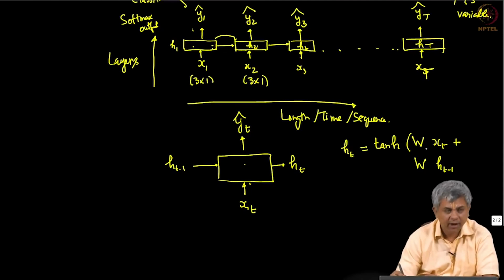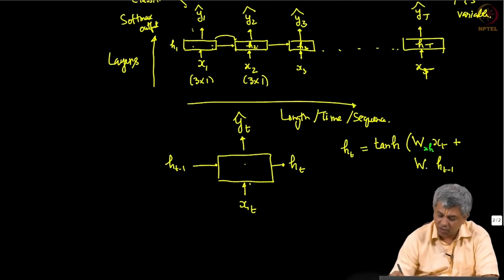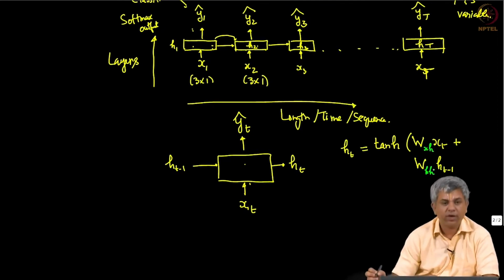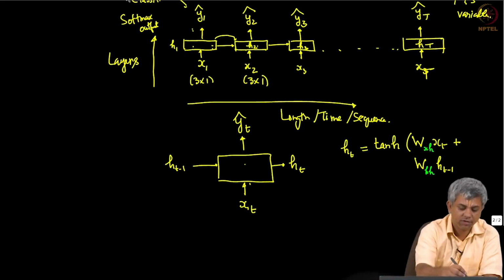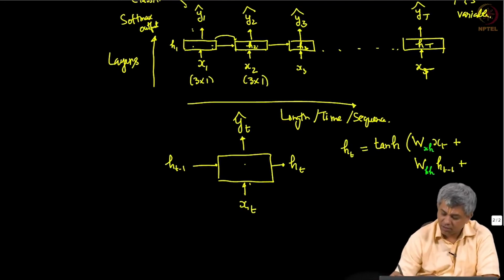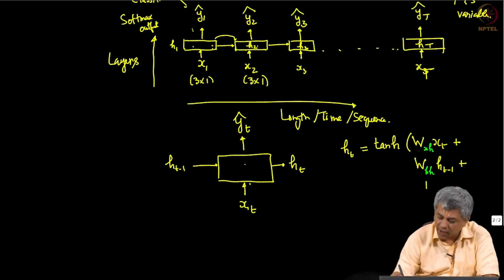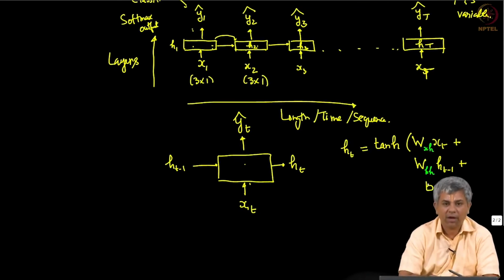The subscripts are as follows: for xt I will call it wxh, for ht I will call whh, and of course you have to add a bias term.